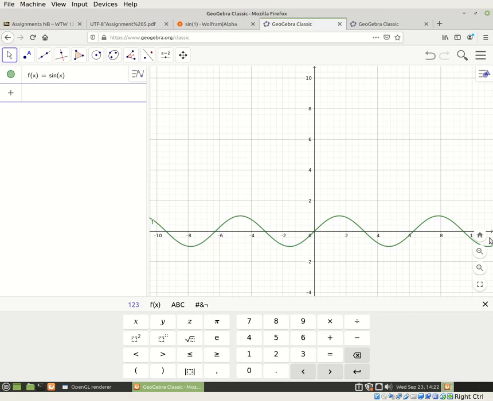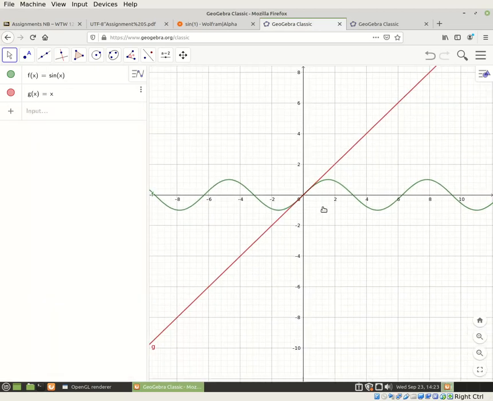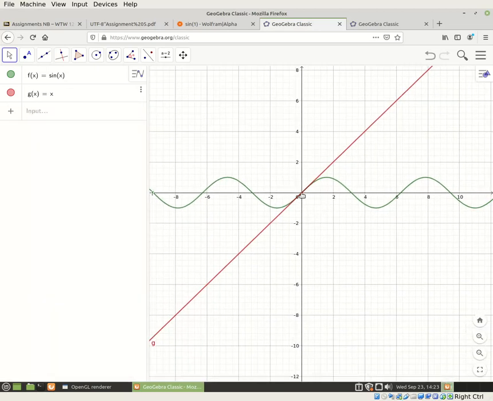Now let us take a look at how the following polynomials relate to the sine function. I'm just going to plot the graph of the polynomial x. And we see here this x matches quite closely the sine graph.